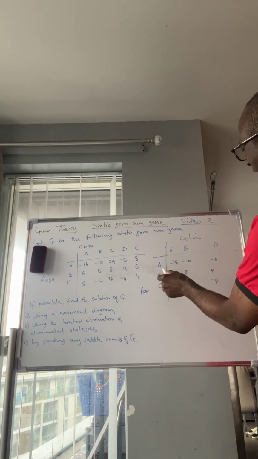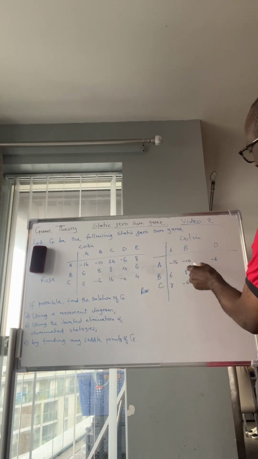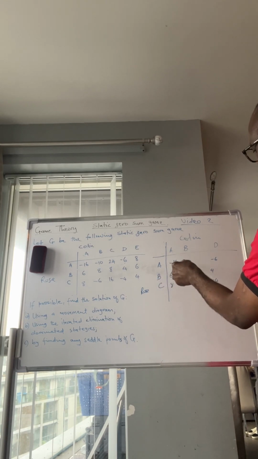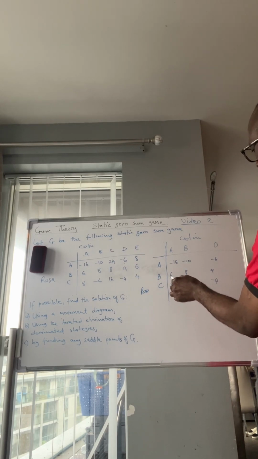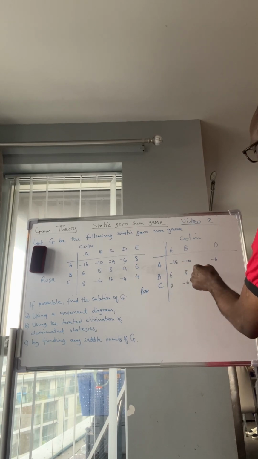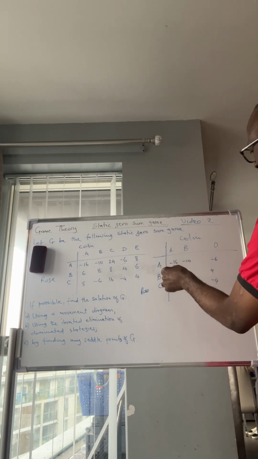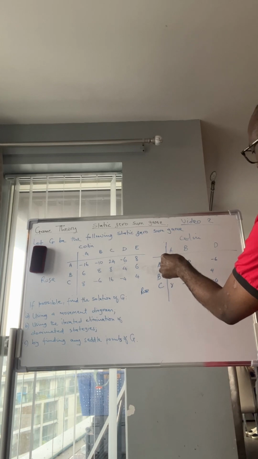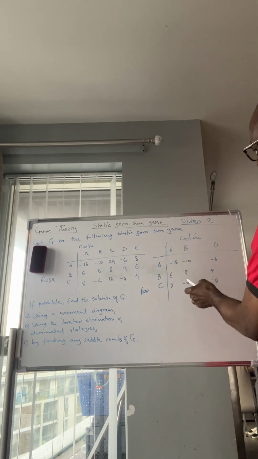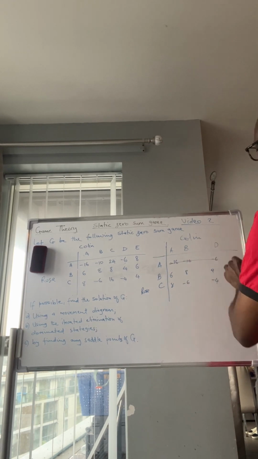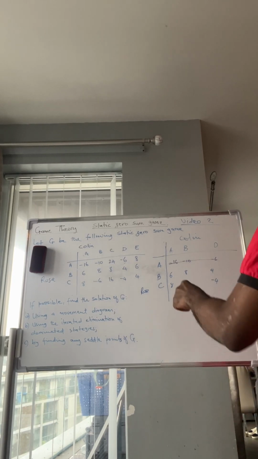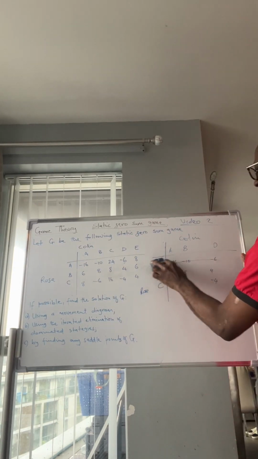So now if you look at row A, minus 16, minus 10, minus 6, and row B, everything in row B is bigger than what is in row A. Here you can't do it. So row A therefore goes.